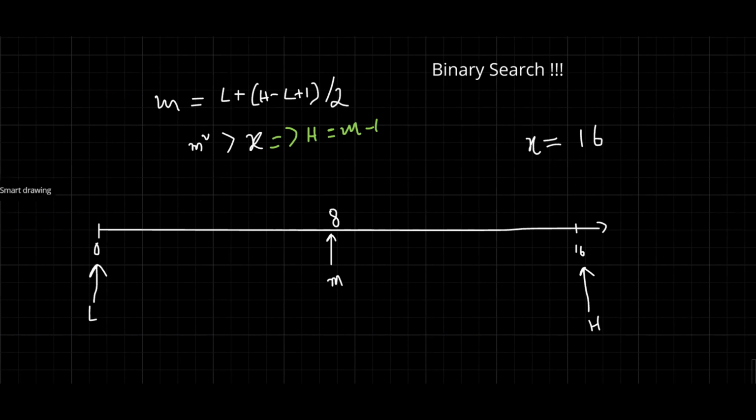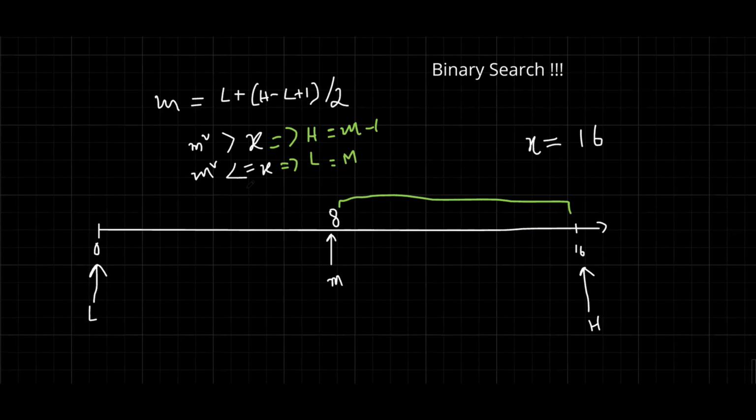Now, it can be possible that the value of mid squared is less than or equal to x. If it is, that means we have to search for the corresponding square root in the next half. So here, the low will be mid.